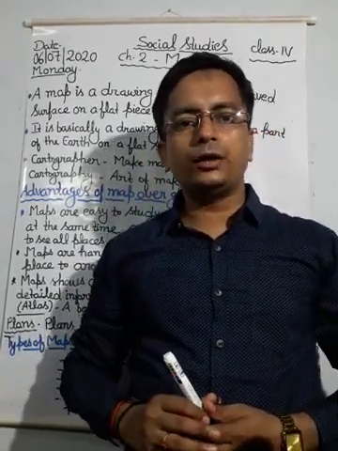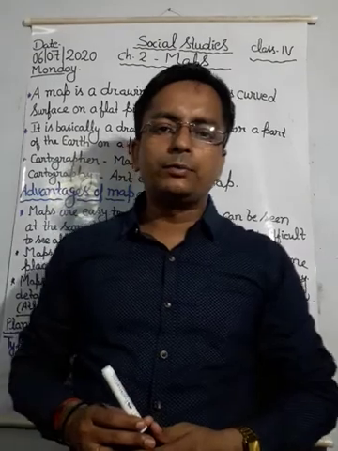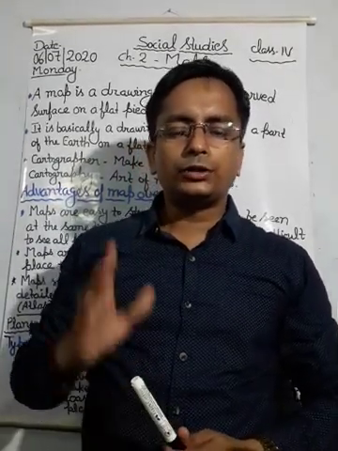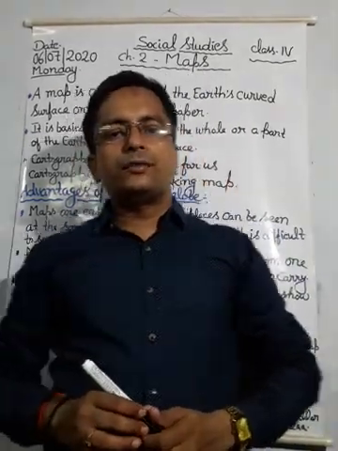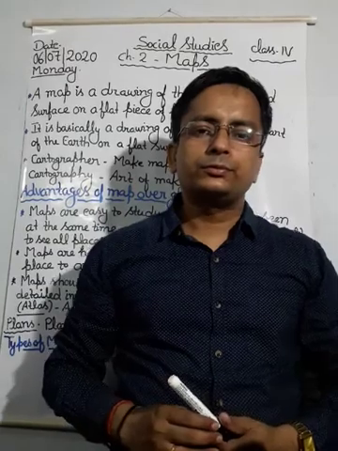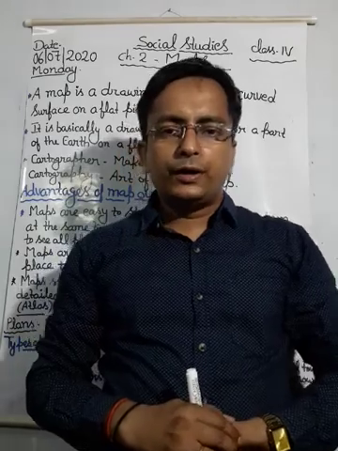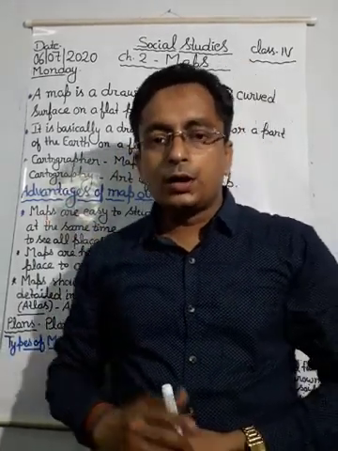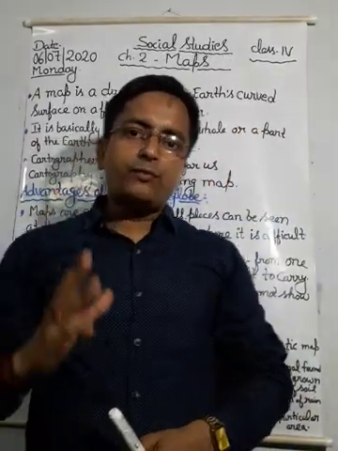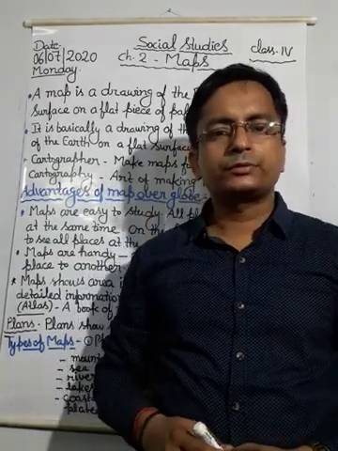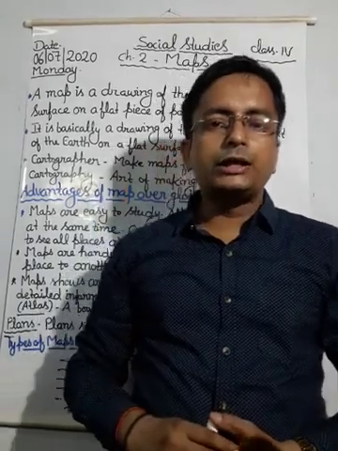Dear student, I am here with a new lesson for you. That will be chapter 2, and the name of the chapter is Maps. In this lesson we will study what maps are, how they are different from a globe, what plans are, types of maps, the language of map, direction, color and symbols, scale and legend or key.